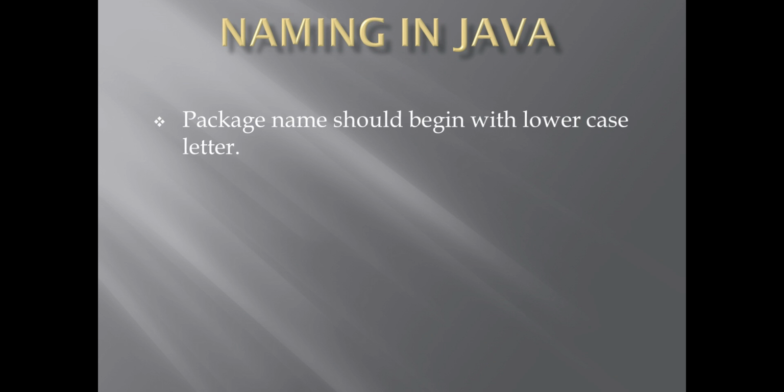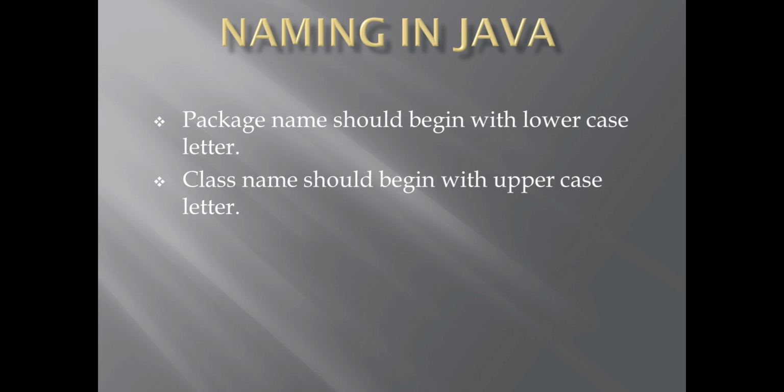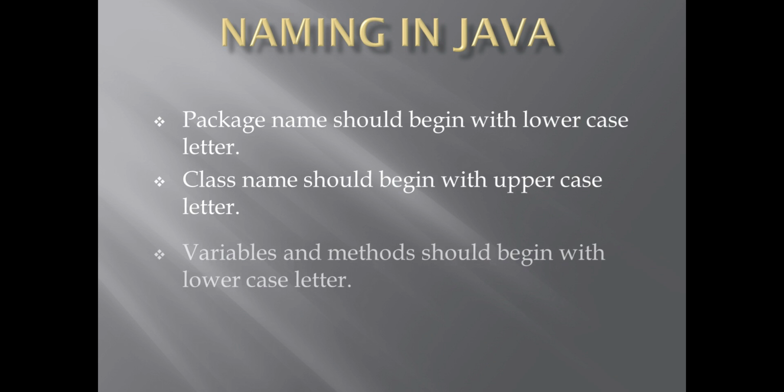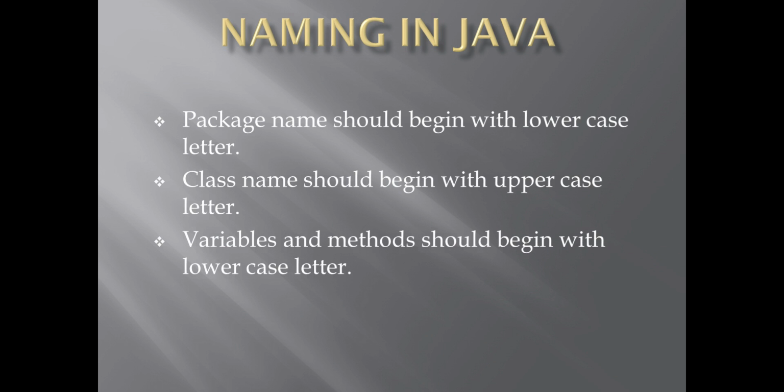So when you create a package to hold classes, you should name it with lowercase. But a class name should begin with uppercase. So class is the opposite of package. Also, variables and methods should begin with lowercase, the same as package. So only our class name should begin with uppercase.